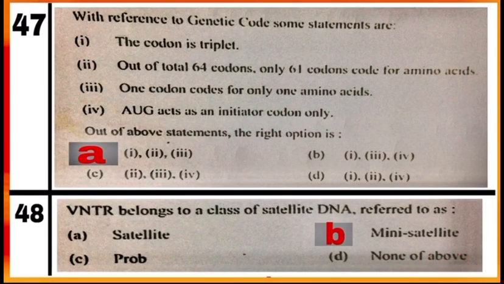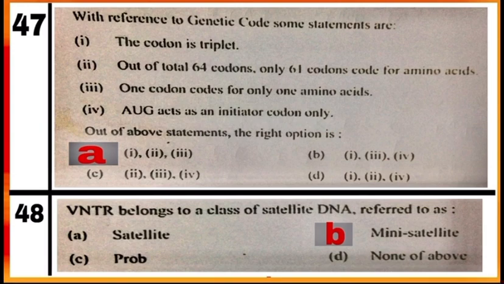Question 47. With reference to genetic code, some statements are given. Read these statements. Statement 1. The codon is triplet. Statement 2. Out of total 64 codons, only 61 codons code for amino acids. Statement 3. One codon codes for only one amino acid.